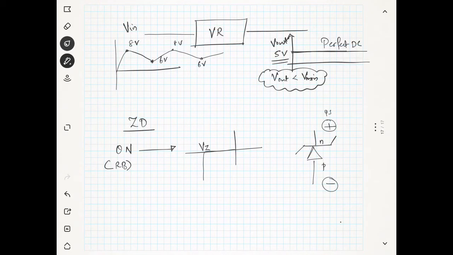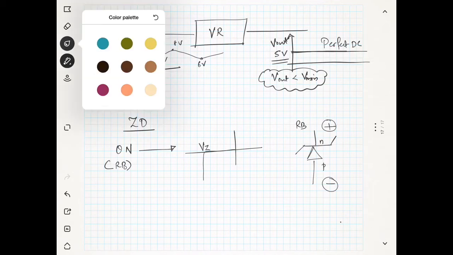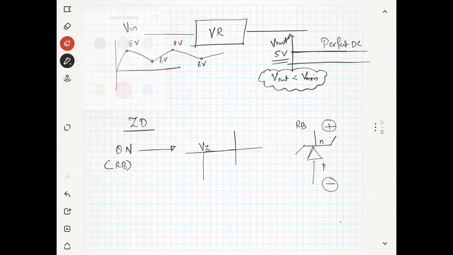This is the power supply you are giving, like this. That means this is reverse biased. So in reverse bias there will be a current going from positive to negative.